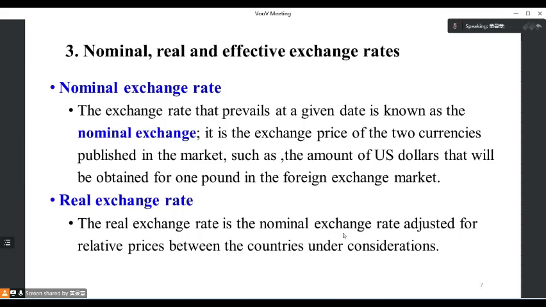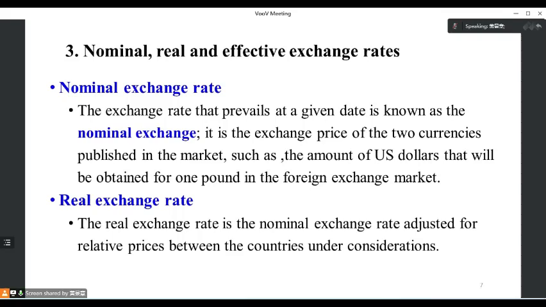Real exchange rate means the nominal exchange rate adjusted for relative prices between the two countries under consideration. What's the meaning of this sentence?